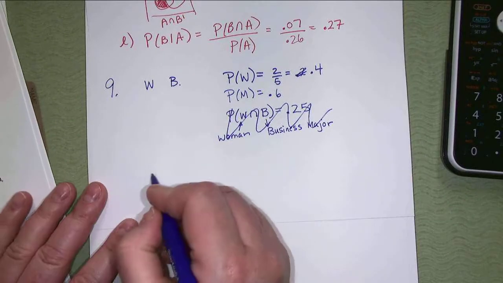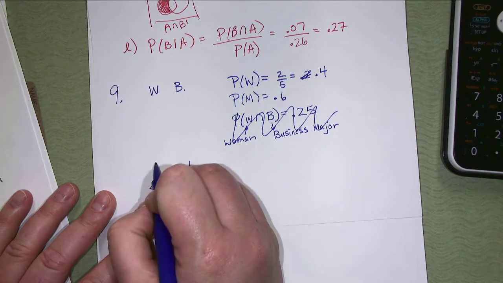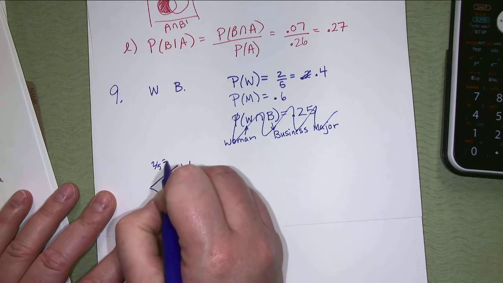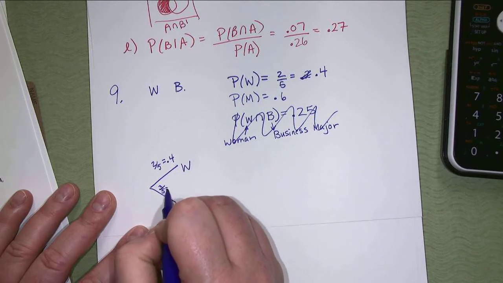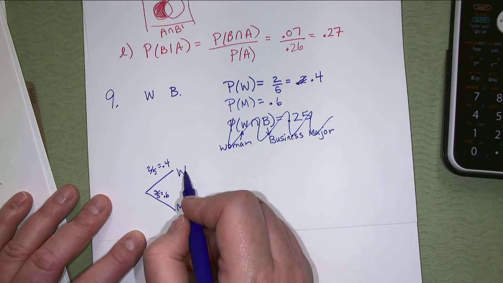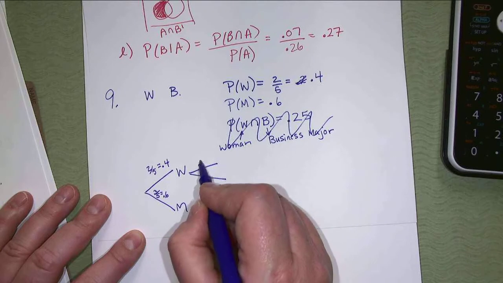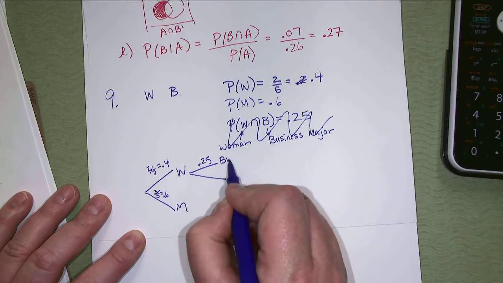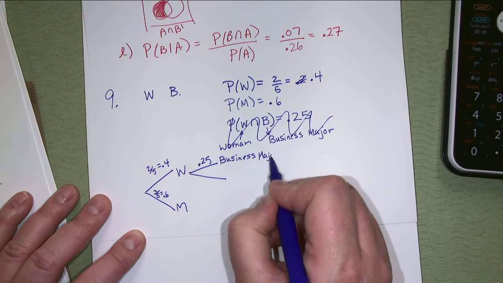So let's draw a tree diagram to illustrate. So here's the women, and 2/5 of them, or 40%, are women, and 3/5, or 60%, are men. Do you agree? Of the women, 25% are business majors. So this is the same thing? No, you don't need Bayes.